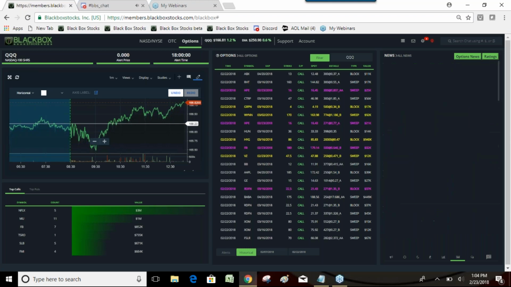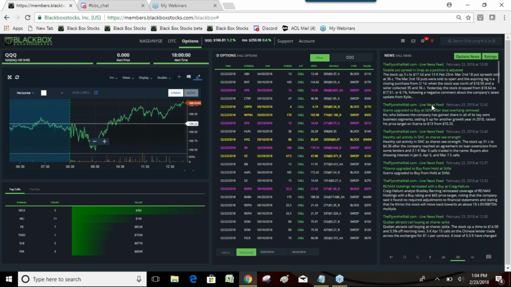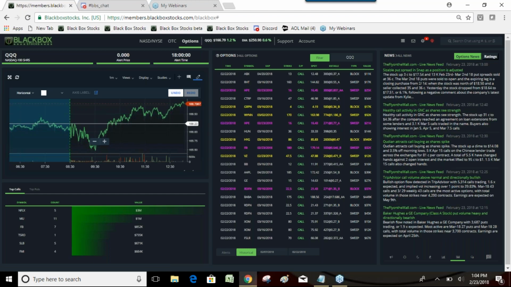You also got ratings, so you can see upgrades, downgrades live. 1237 Xterra upgraded to buy from hold at Stifle. Anyway, back to just options. But we do have live upgrades and downgrades as well.